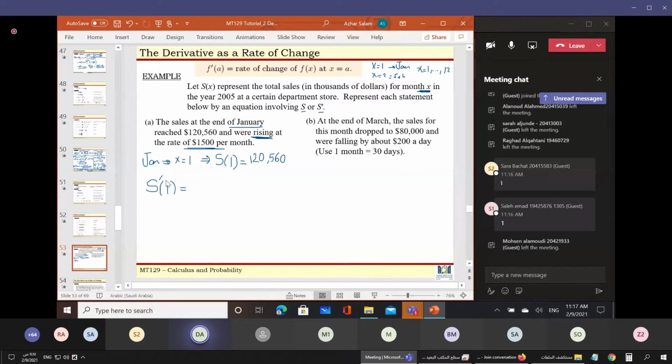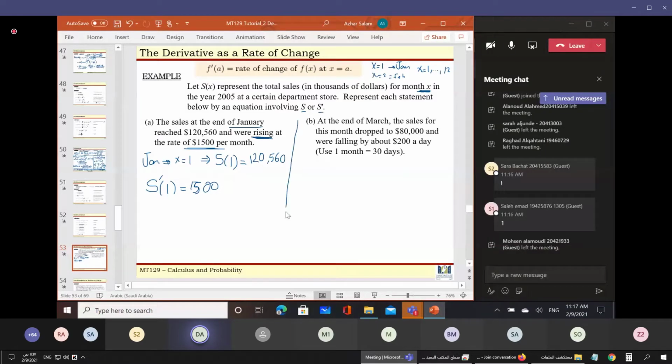The rate of change is 1,500 per month. This is how to express this statement using the derivative and the function S dash.